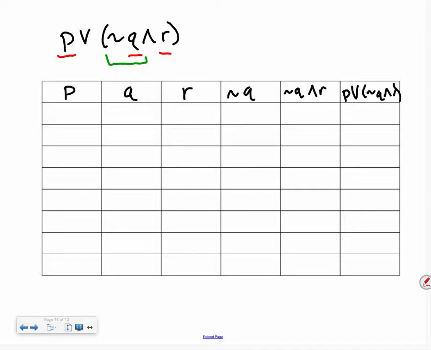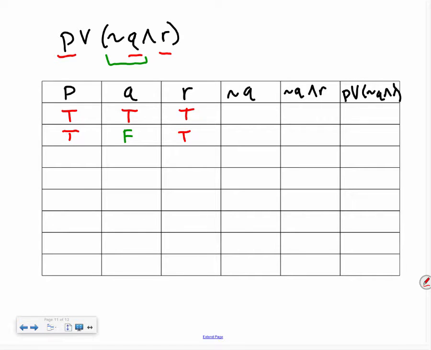So just like before, we are going to try to come up with all of the possible combinations for P, Q, and R. So we could say that all three of them are true. We could say that P is true, Q is false, and R is true.